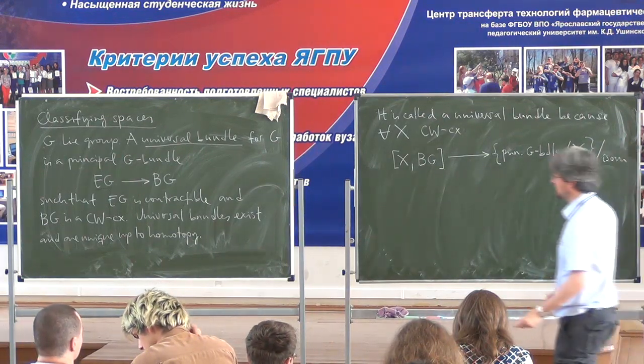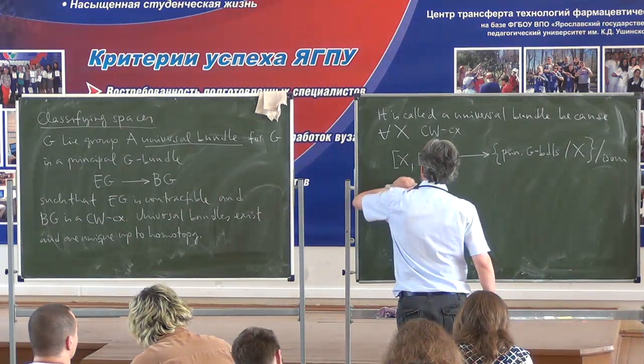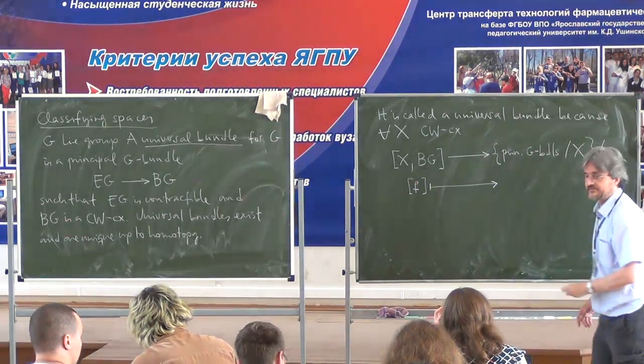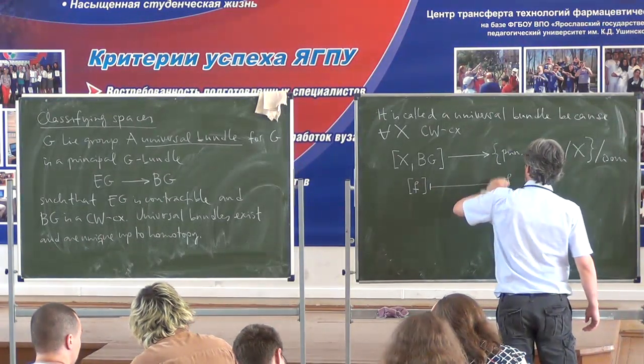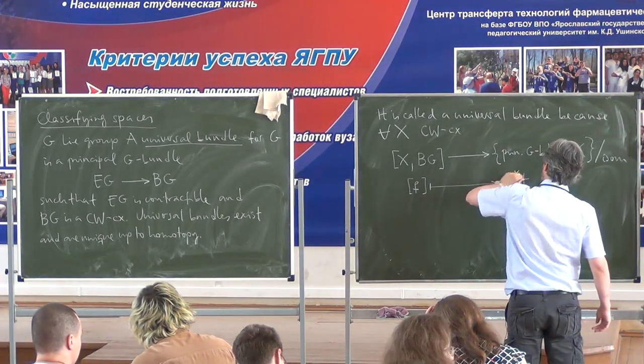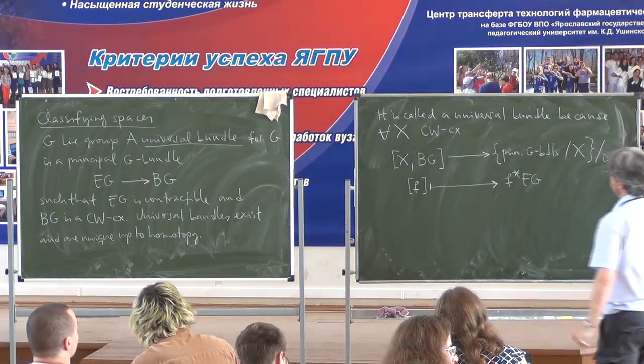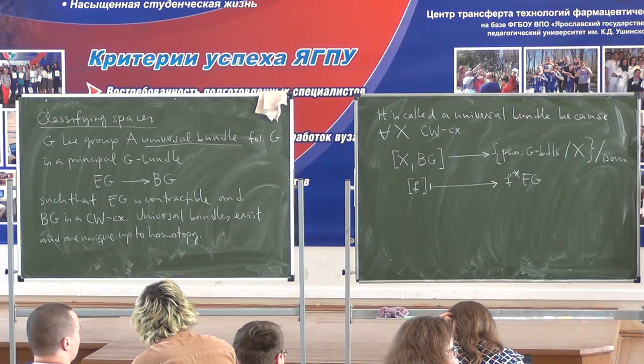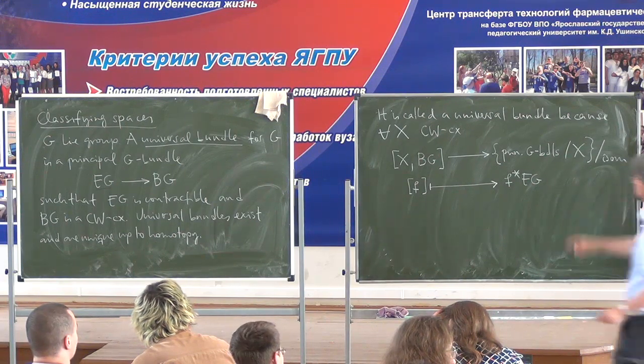Okay, and this is given by sending the class of a map f to the pullback of EG. And now the statement is that this map here is a bijection.